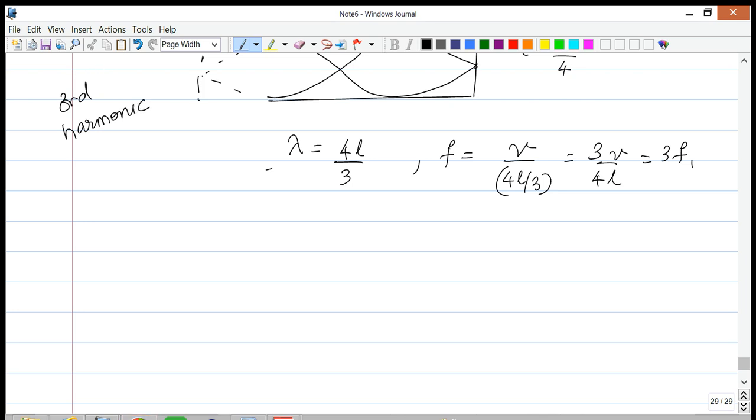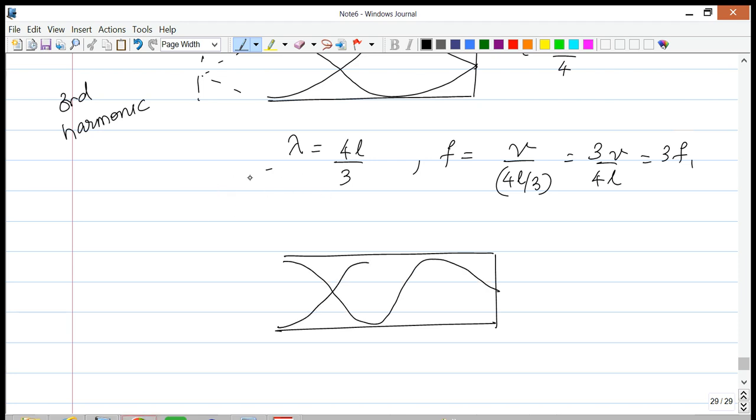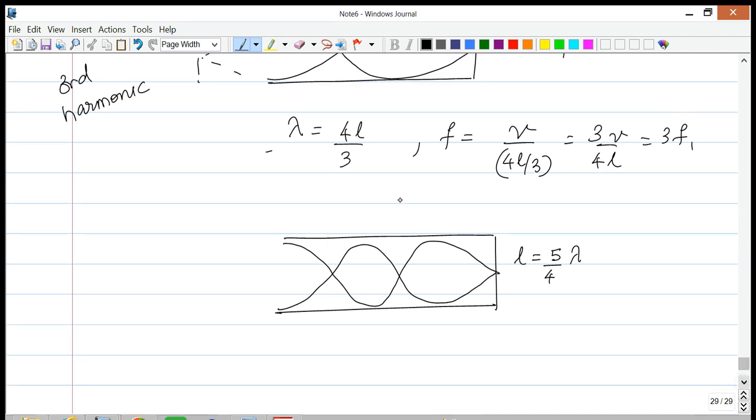On the other hand, if you look at the next possibility, once again antinode at one end and a node at the other, the length is equal to 5/4 of the wavelength.